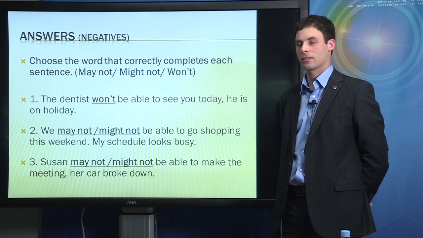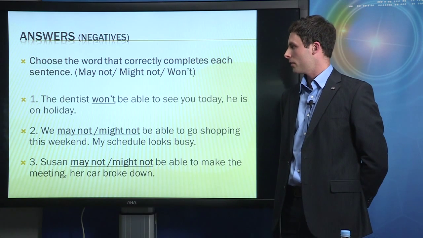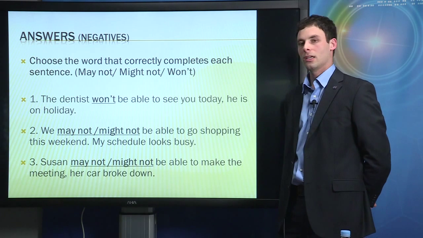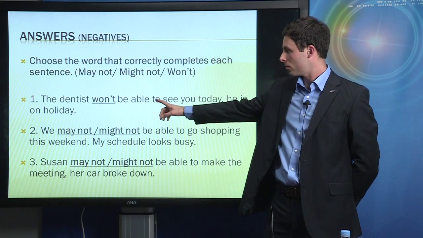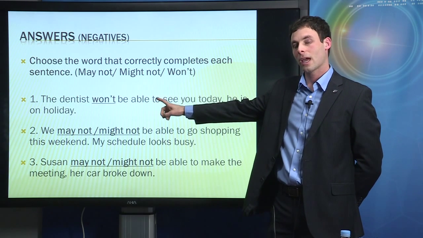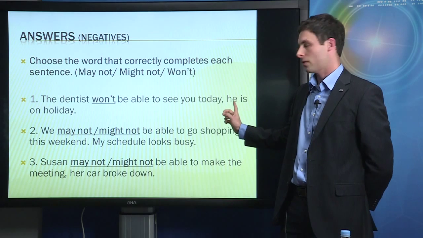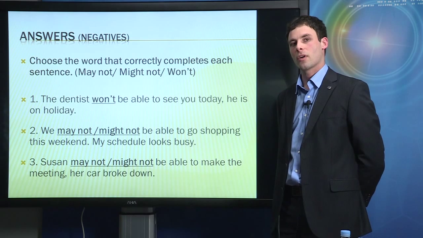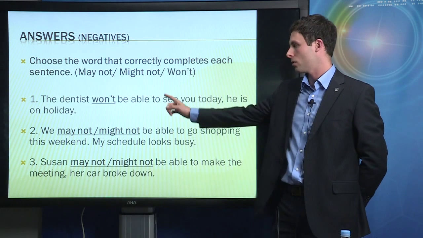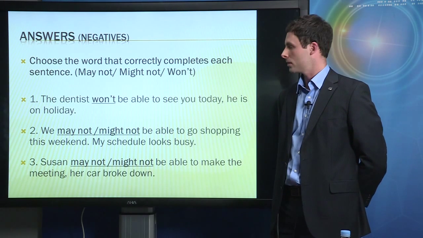Okay, so to the answers. In the first one, the dentist won't be able to see you today. He is on holiday. So here, the dentist cannot see you. For this reason, he is on holiday. So the contracted form of will not, won't is used.